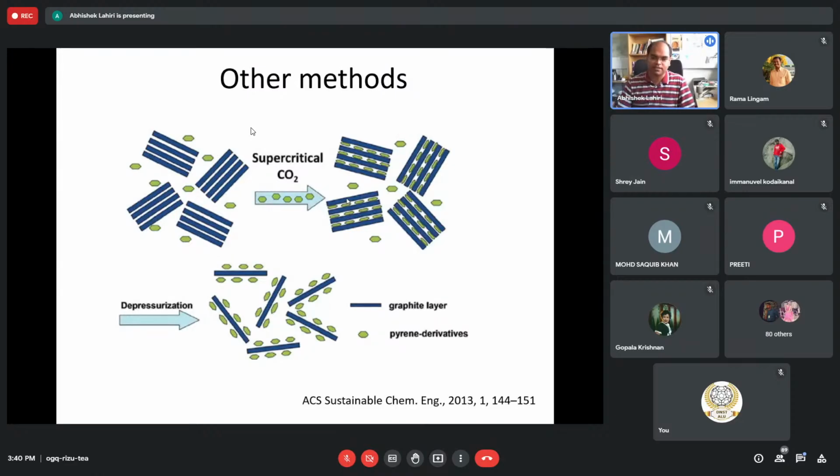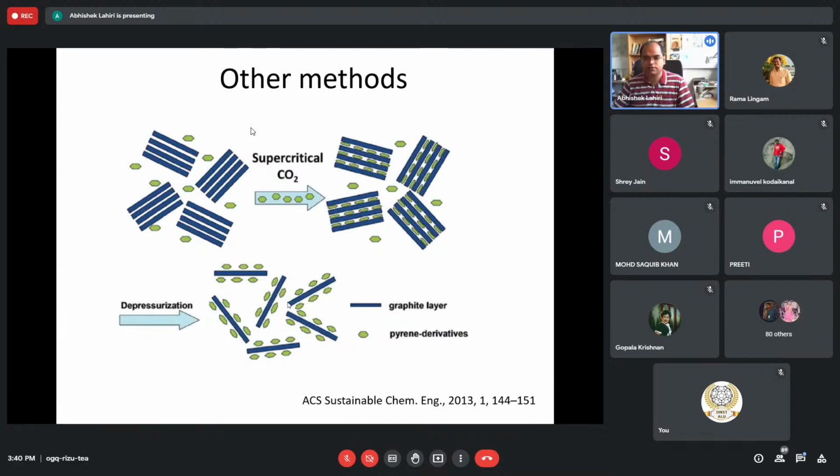Once you depressurize it, or bring the CO2 to atmospheric pressure, CO2 is not going to be in its supercritical form. It is going to come out as gas. Once it comes out as gas, you will produce graphene structure or any two-dimensional structure.